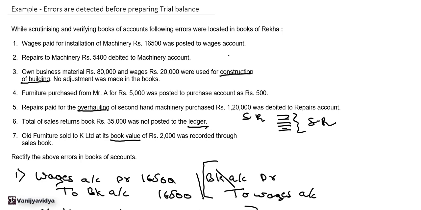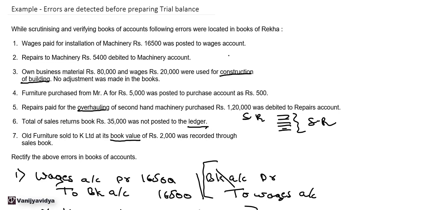Now, since nothing is mentioned in the question, we can just write a note at the end of it saying that since nothing is mentioned about the depreciation on the machinery or building or on furniture, the same has not been calculated for this purpose.